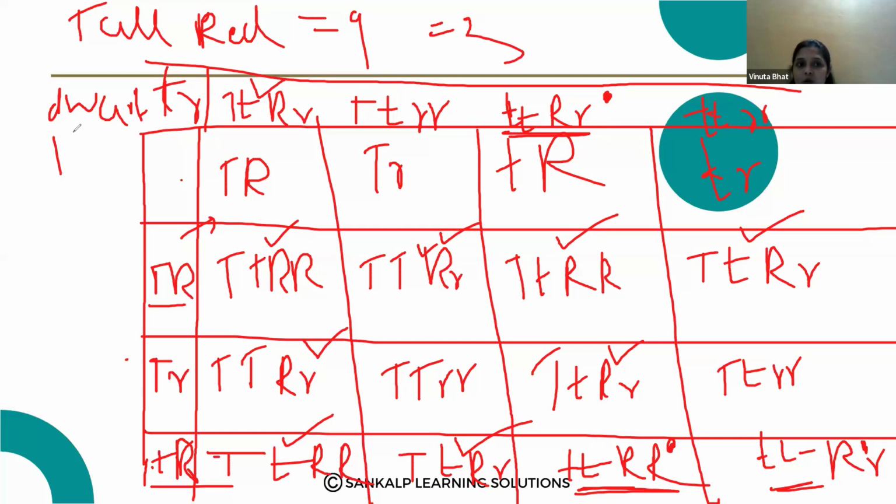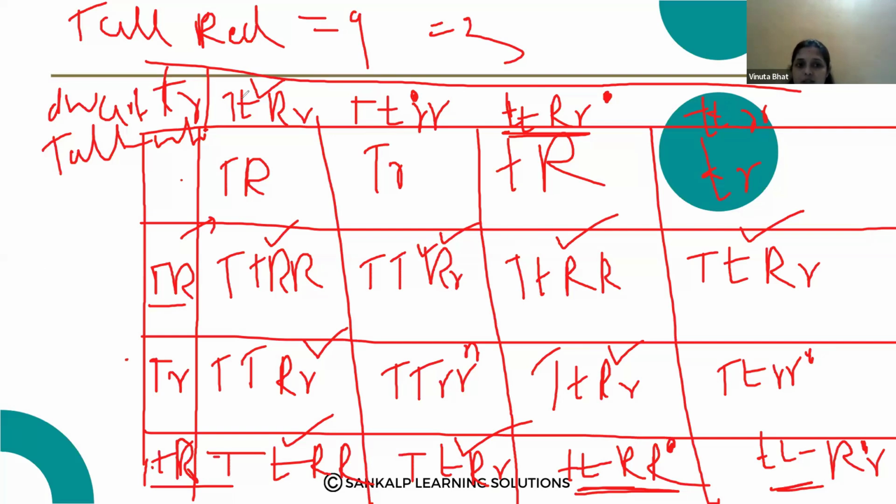Then tall but producing the white flowers: 1, 2, 3. Again 3 tall white plants. Then short white color flowering plants, that is 1.